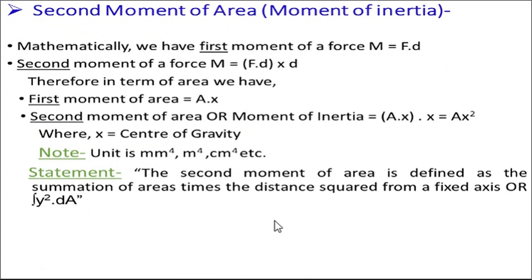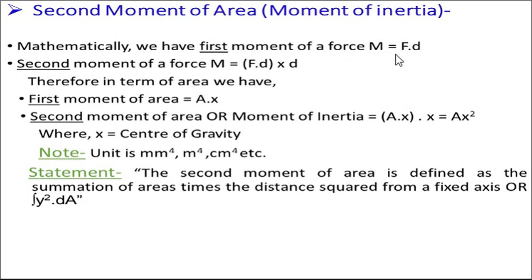We are just seeing these terms because they are important, how to determine or measure them. Second is the second moment of area or moment of inertia. First, mathematically we have the first moment of force, that is M, which can be determined as force into perpendicular distance.